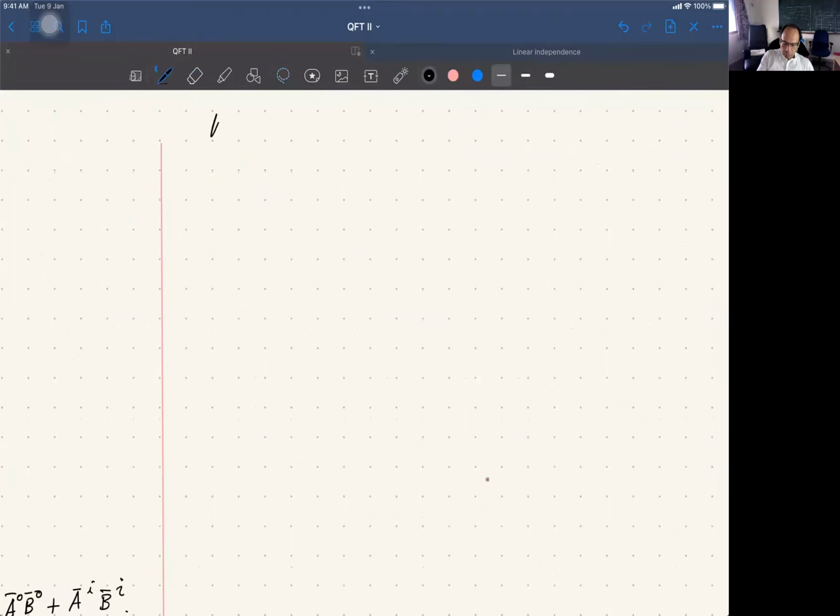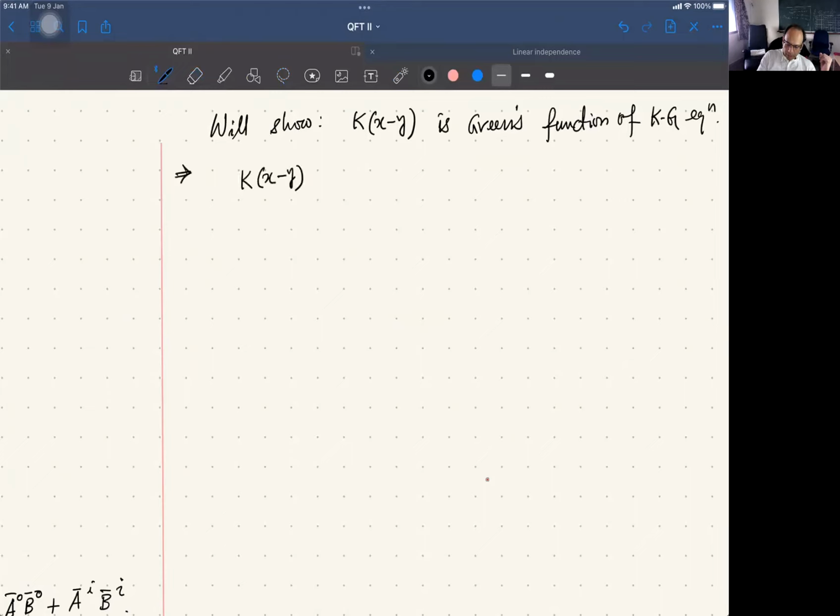So we will show that K(x - y) is a Green's function of the Klein-Gordon equation, which means K(x - y) is, up to a phase, the same as delta(x - y).